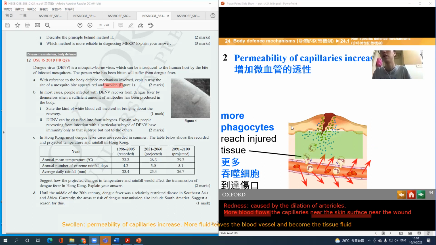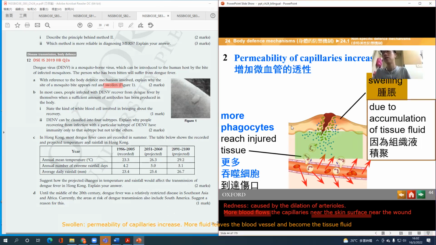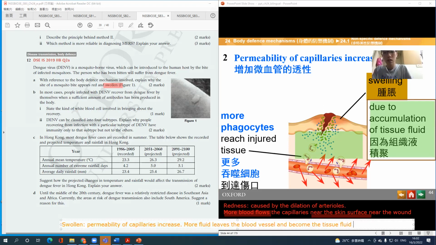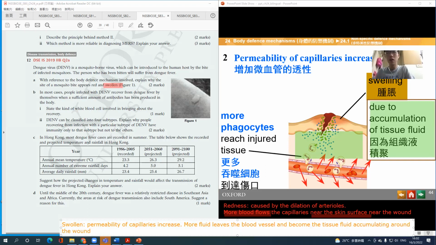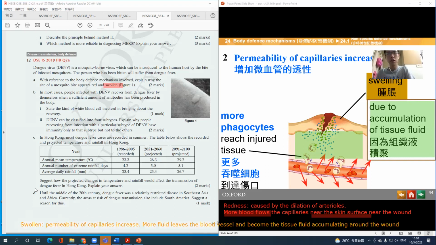So they swell because of the accumulation of tissue fluid, more tissue fluid accumulating around the wound.